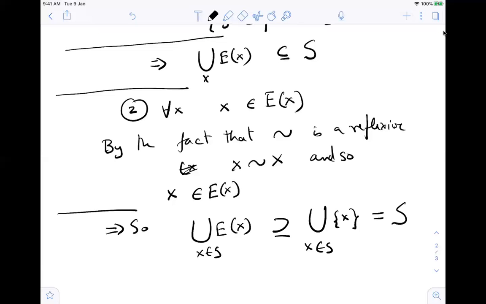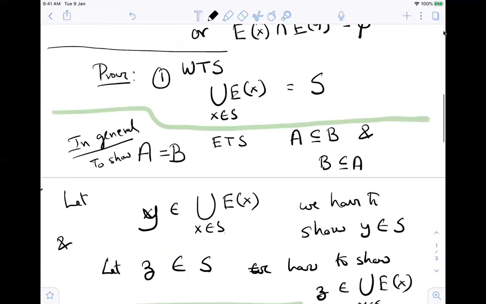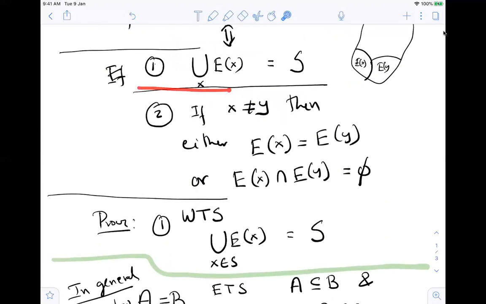So the union over X in S of E of X equals S. Good. So this one was the easy part in some sense. This was the first property, and notice we have just used the reflexive property of the equivalence relation, nothing else. Okay, now let's see this part.